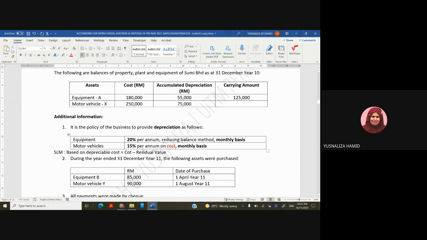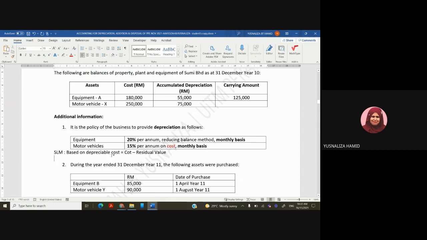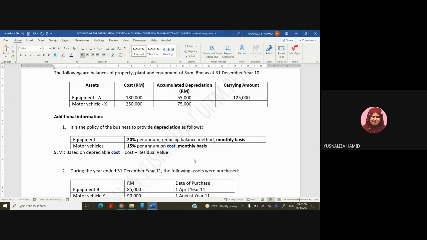In our case, there is no residual value because no information is given, so the depreciable cost is also equal to the cost itself. So the depreciable cost is going to be 250,000, and that is the case for the motor vehicle.